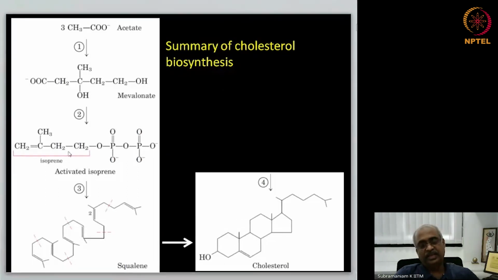The activation of the isoprenes is by this pyrophosphate group, and an intermediate has another phosphate also on the third carbon. So this phosphorylation gives the activated isoprenes, and the activated isoprenes condense to form squalene. So that's the third step. So let us look at them one by one.